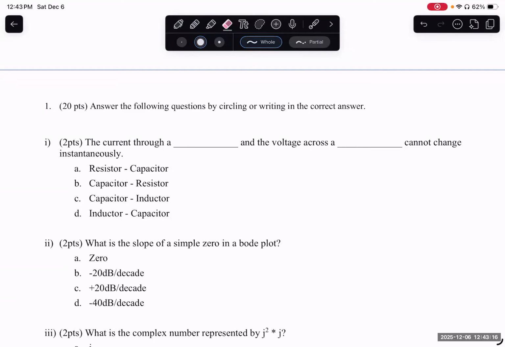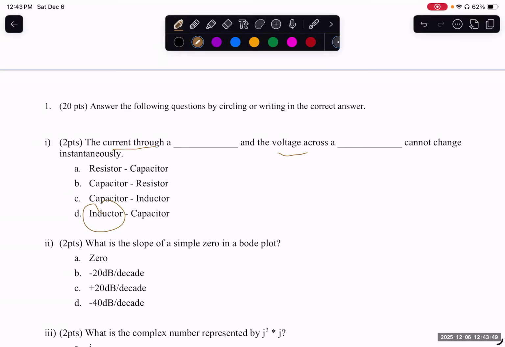All right. So the first question asks about the current through an inductor and the voltage across a capacitor: they cannot change instantaneously. So exactly what I mentioned before going over my cheat sheet notes. For an inductor, current can never change instantaneously, if you remember from the previous section that we discussed.